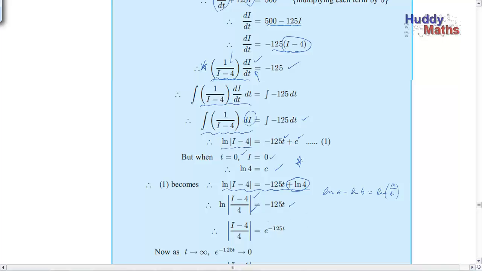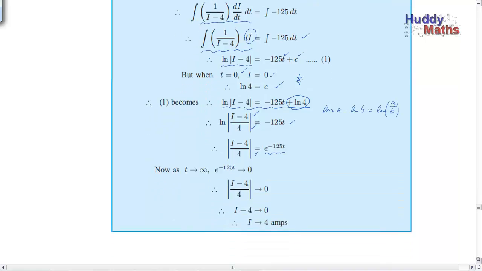And so now we've got the modulus of this is e to the negative 125t. Okay, so we can actually put it in at that stage there. And we've got to discuss it as t tends to infinity. So here as t tends to infinity, this will tend to 0.